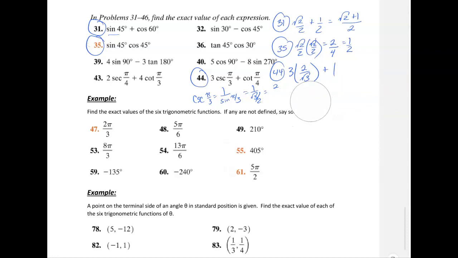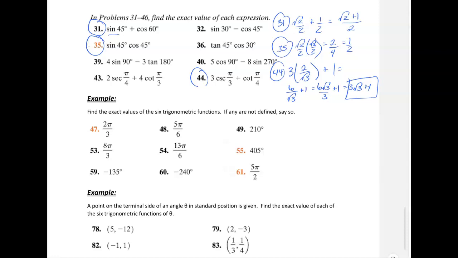I'm going to erase so I have more space to write here. So now we're going to have, this is going to be 6 over square root of 3 plus 1. Remember, we got to rationalize. So that's going to be 3 square root of 3 plus 1. There's our final answer.